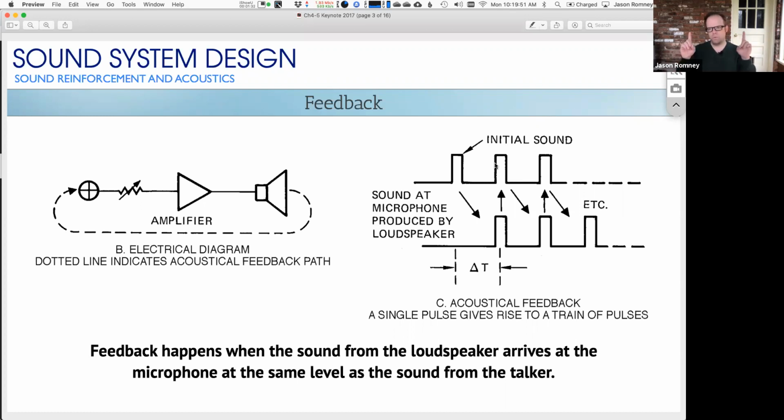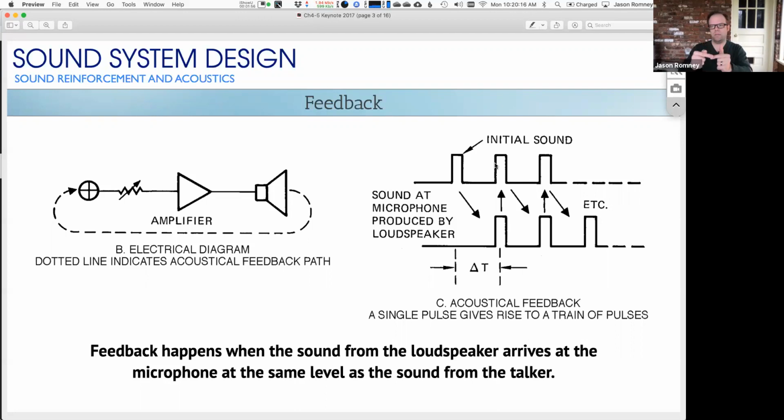When that happens, what happens when you get two frequencies that are the same, that arrive at the same time, at the same level, and in the same phase relationship? What happens to those two sounds when they come together? They sum. They get louder, right? Like 6 dB louder. So now you've got this one frequency that suddenly gets 6 dB louder.